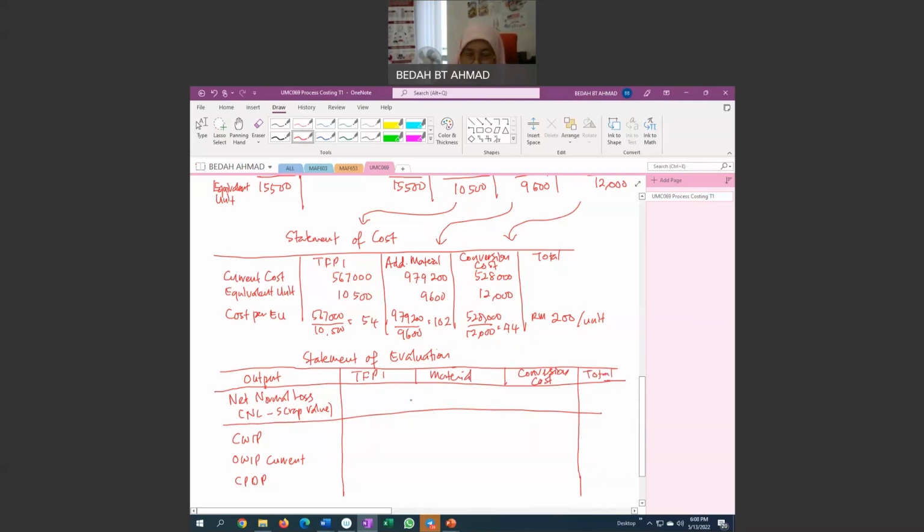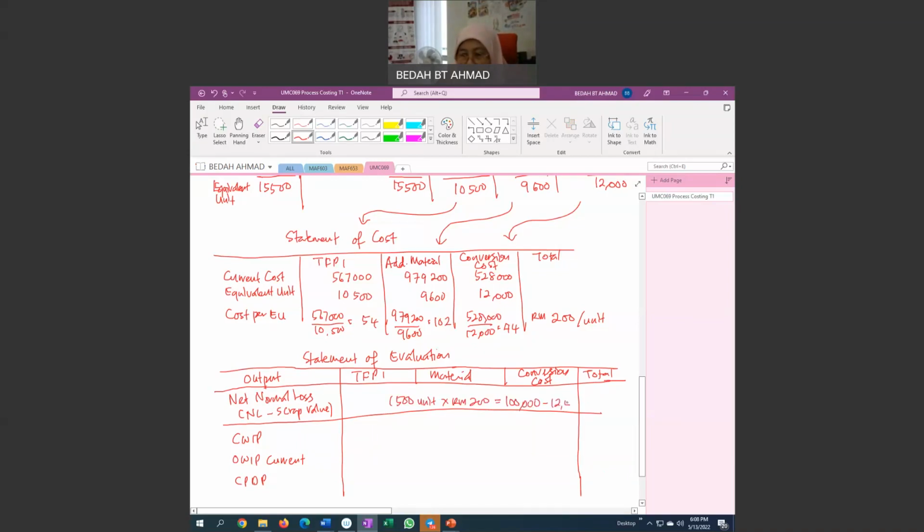Okay, so the net normal loss, this is the 500 units, multiplied by RM200 per unit. So it is 100,000.